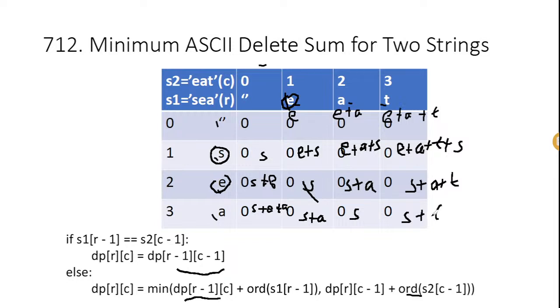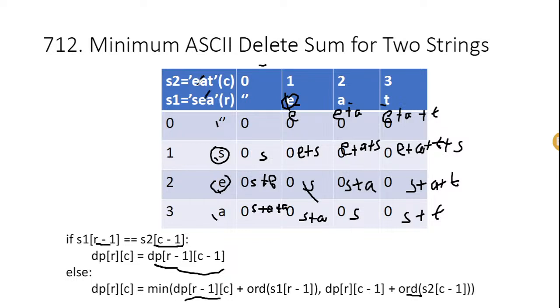So what's the meaning? The meaning is if this string equals to that character, if this character equals to that character, we are sure we will not do anything. We just need to check the previous value. So the previous value should be dp r minus 1 c minus 1. For example, if this A equals to this A, we just take the previous value.